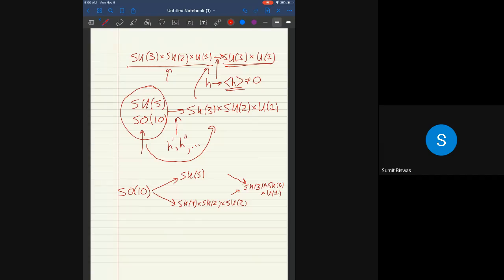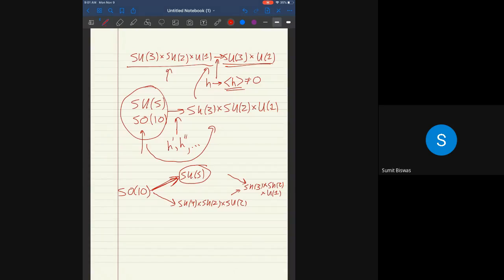So now, in the absence of supersymmetry, this path has now been experimentally ruled out. The upper path here, where SO10 breaks down through SU5 to the standard model, or forget about SO10.